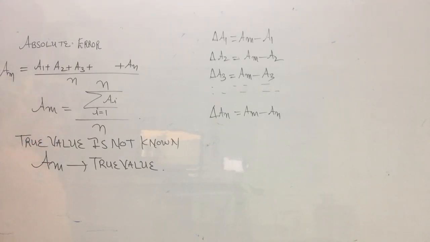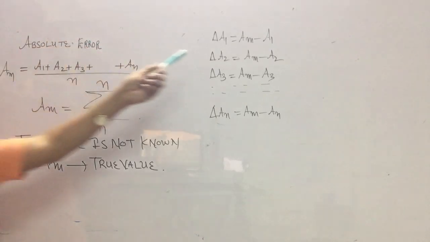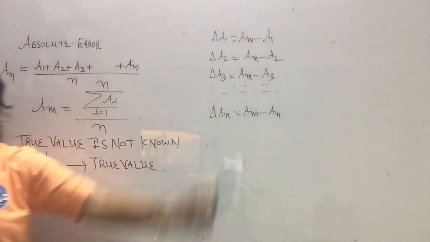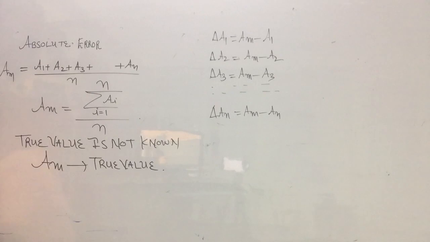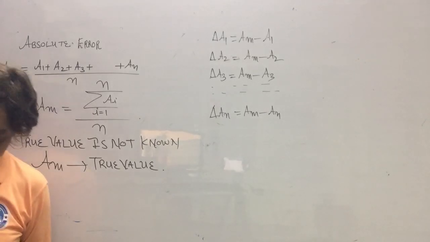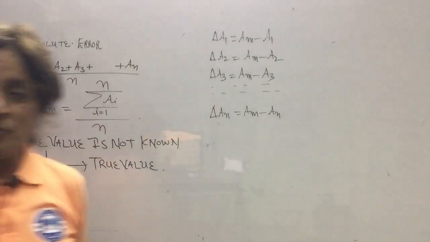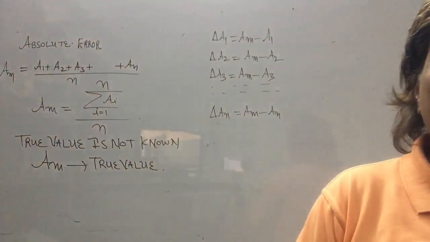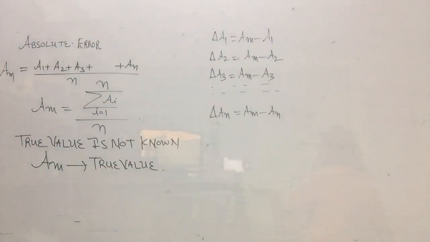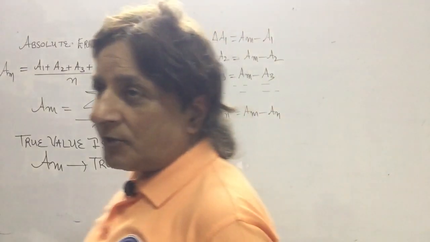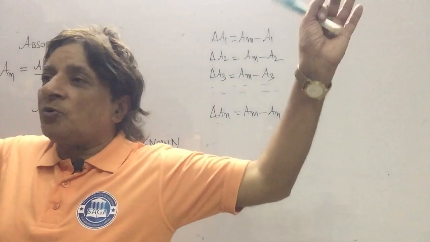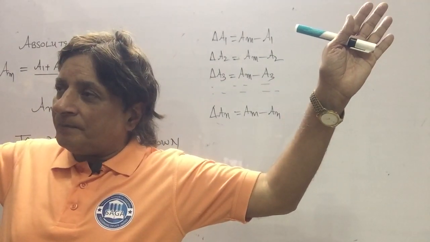And what is the first absolute error? AM minus A1. And the second, delta A2, is? AM minus A2. And students, this is how you can calculate the absolute errors. Any doubts, any questions? Is it all clear? Yes, sir.